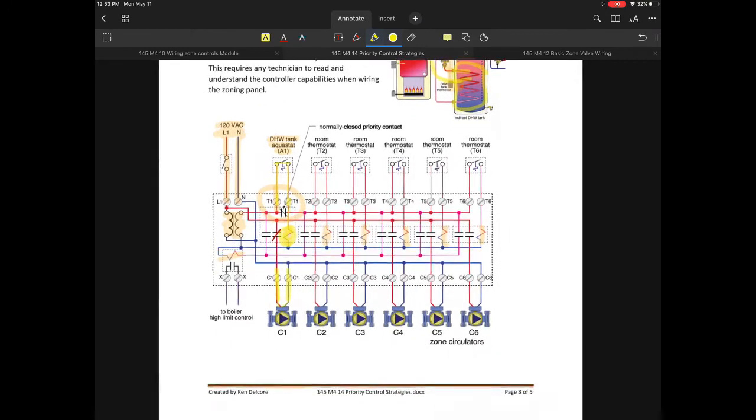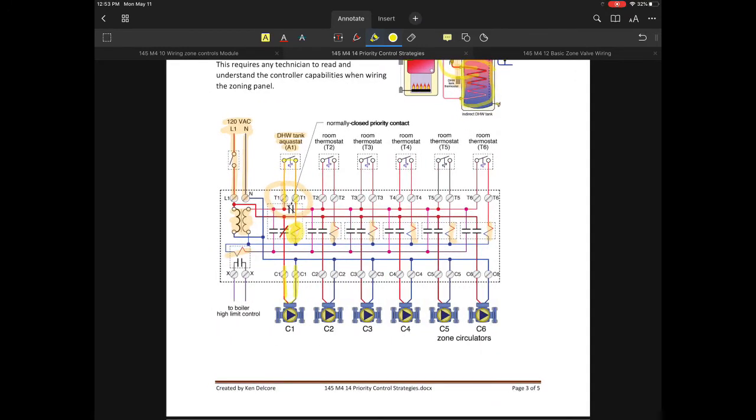Now when that happens, that's fantastic. The T1 or C1 circulator is going to function. So my domestic water at this point is getting hot water going through the heat exchanger in this type of domestic water system. Now, in this particular case, if the priority is set up, it would open up this priority set of contact switching, and it would remove all 24 volt power from everything beyond here.